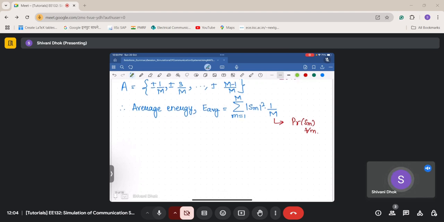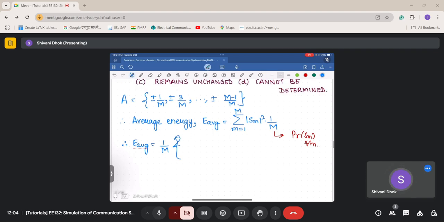So therefore, average energy is 1 by m into... if you take the magnitude square of plus minus 1 by m, that will be 1 by m square.